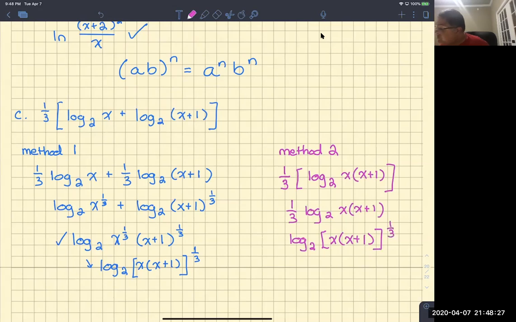Now, why did I use brackets? Well, because 1/3 is the exponent for this entire expression. So that's why I have to put this in brackets before I add my exponent. Because if I rewrote it like this, remember my rule of exponents.